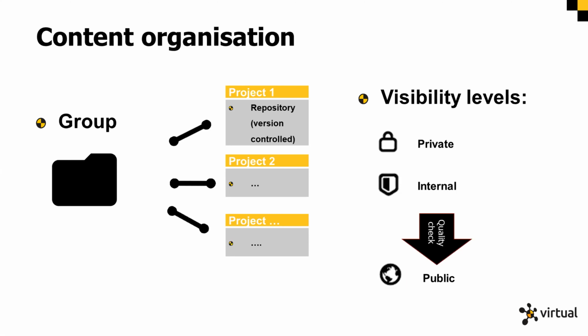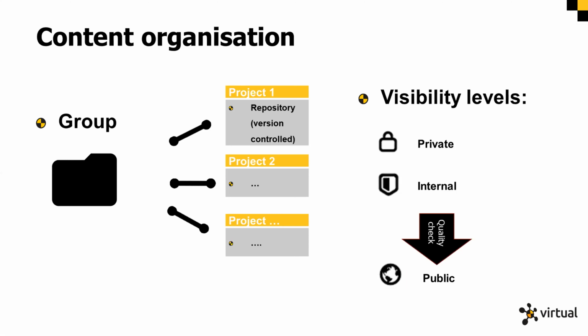Then any content on the OpenVT platform, any group or any project, has a visibility level. There are 3 different visibility levels: private, internal, and public. While the private and internal levels are mainly used for our internal development content, the public content is visible also to external users and also to any person on the internet.